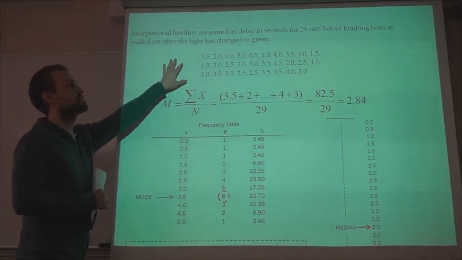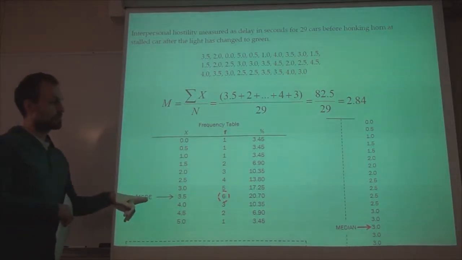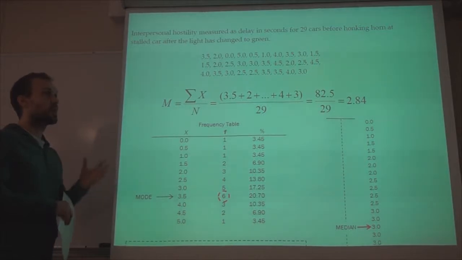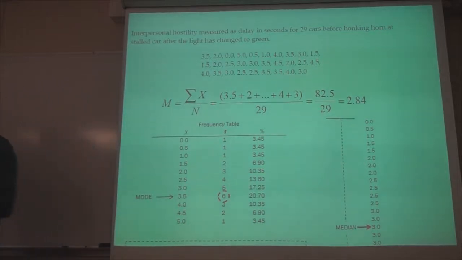In this sample, this collection of scores that I have, 3.5 occurs most often. So it's another way of highlighting the property of the distribution, sort of where is the center, where is the most common value.